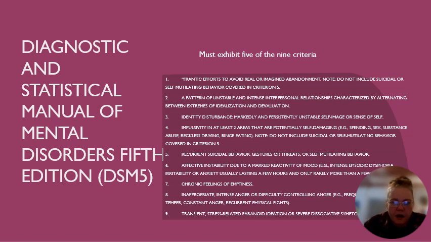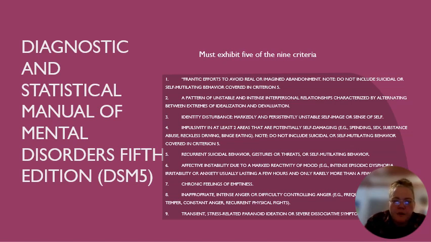The second one is a pattern of unstable or intense interpersonal relationships characterized by alternating between extremes of idealization and devaluation. So they either will really, really, really love someone, or they just really, really don't.